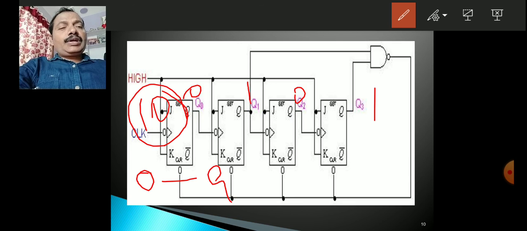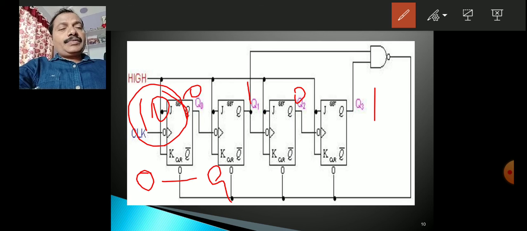So I want to reset the counter whenever 10 comes. Once it is reset, it starts counting from 0 to 9. Once 10 comes, the NAND gate automatically issues the clear signal to clear the flip-flops.